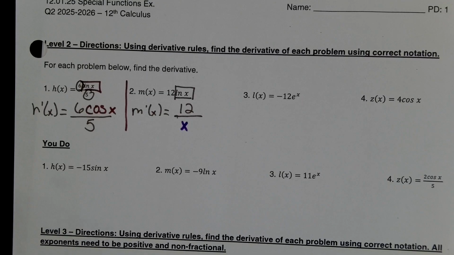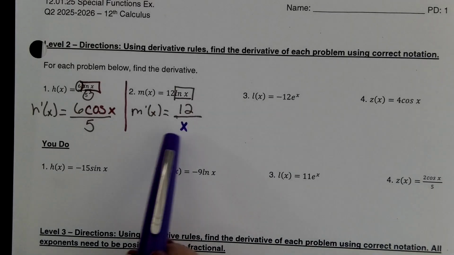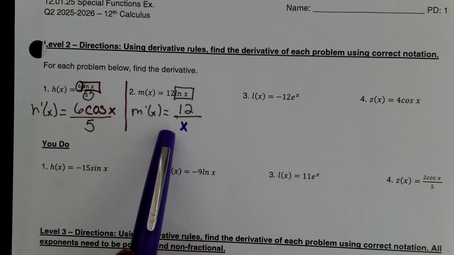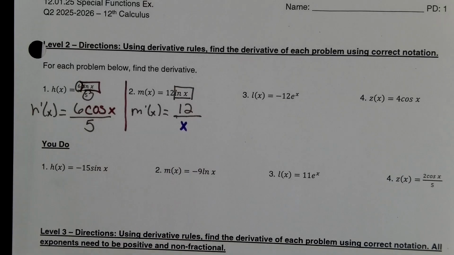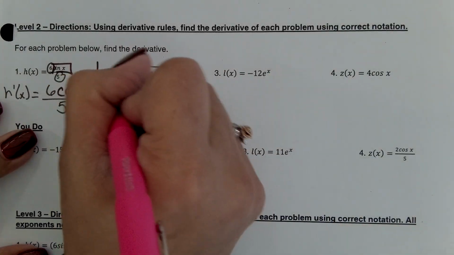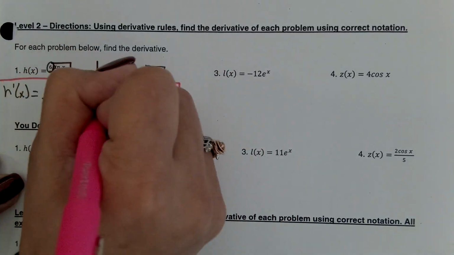Some students, and again I've been teaching this for a long, long time, will write the ln down here. Do not write the ln down there. ln goes away for level 2. That's it. That is your derivative. This is your final answer. Let me box your final answers.